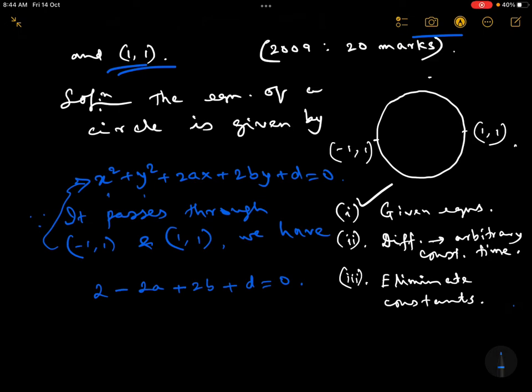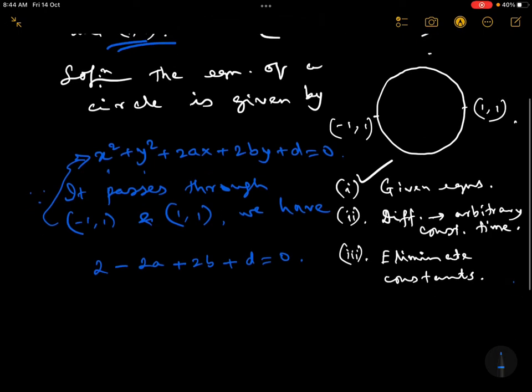What do we observe here? And also the next step, since it passes through 1, 1, let's apply that one.